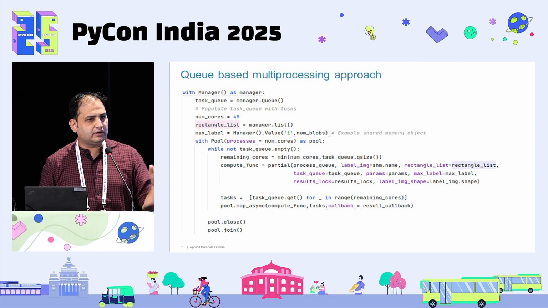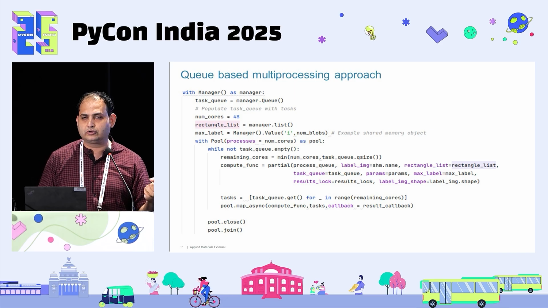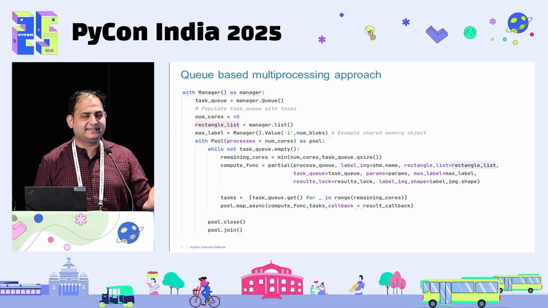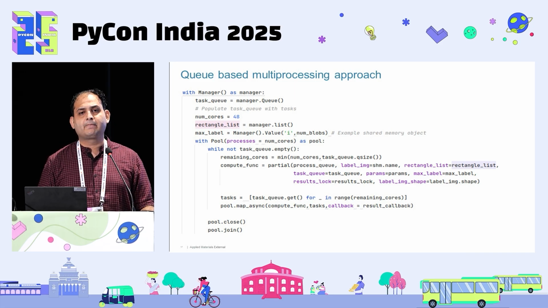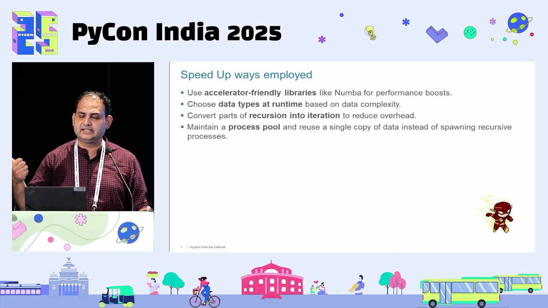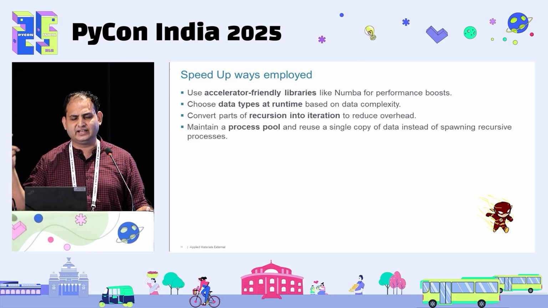A similar implementation can also be done through ProcessPoolExecutor, a Python module which has similar functionality, but this one gives me a little more control over how I want to control it. So that's the way. Okay, let's summarize. The speedups we employed were accelerator-friendly libraries like Numba, choosing data types at runtime, and converting recursion into iteration. Very basic engineering, all things we have maybe learned.